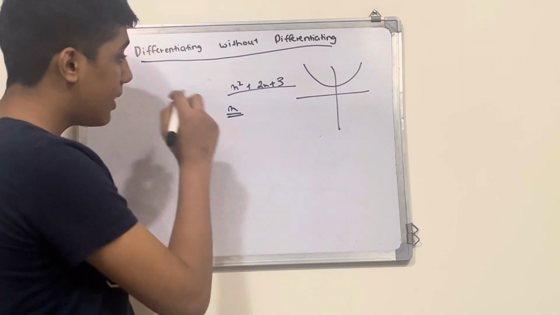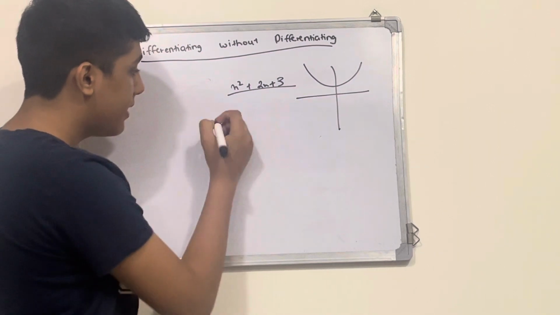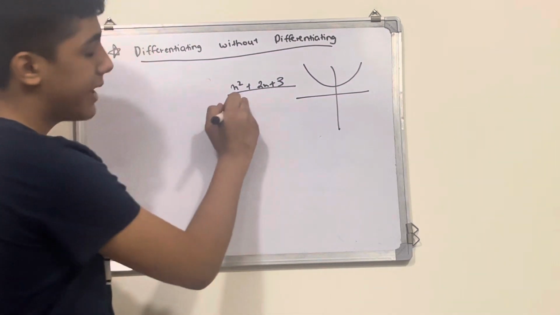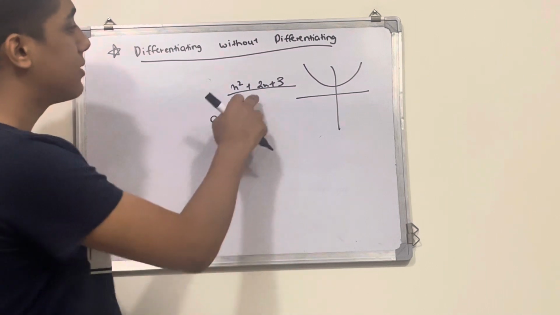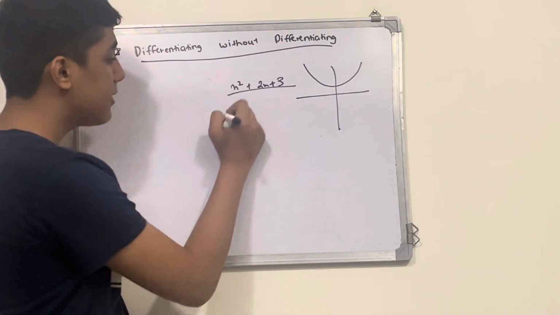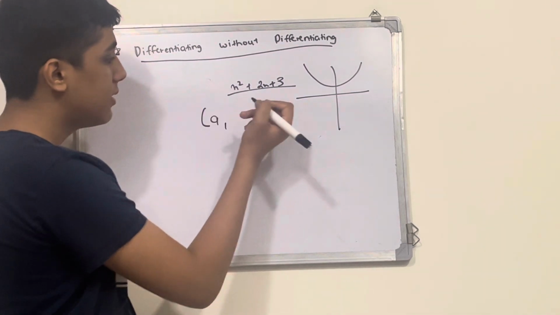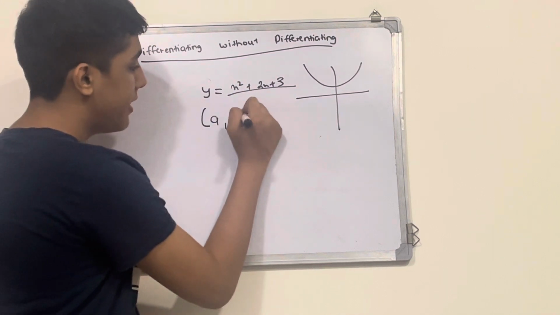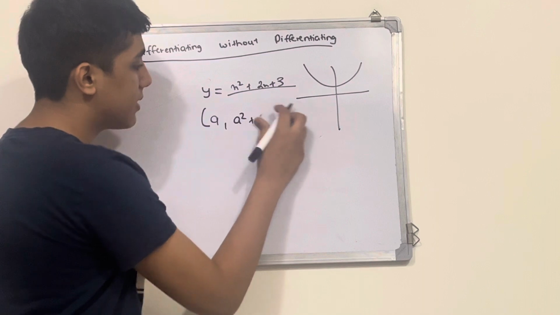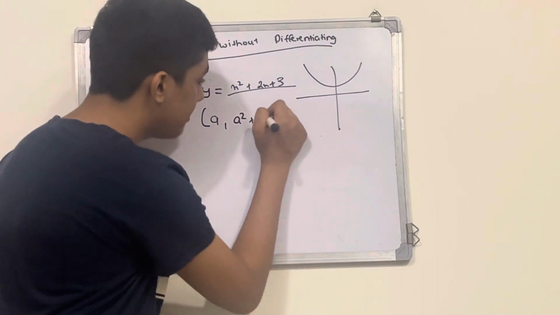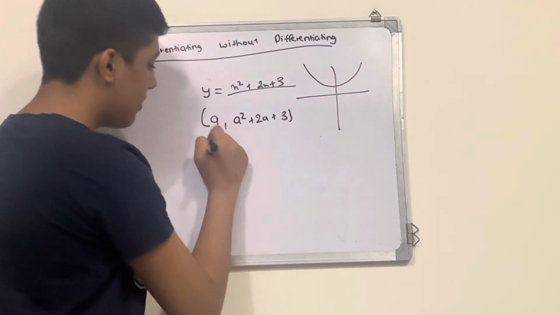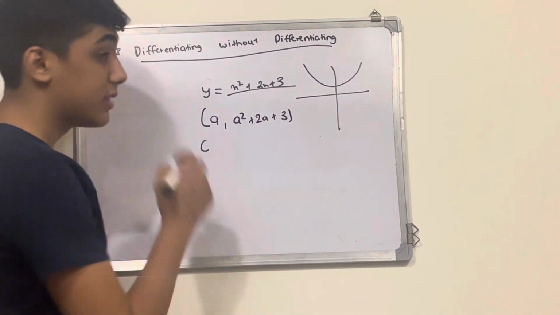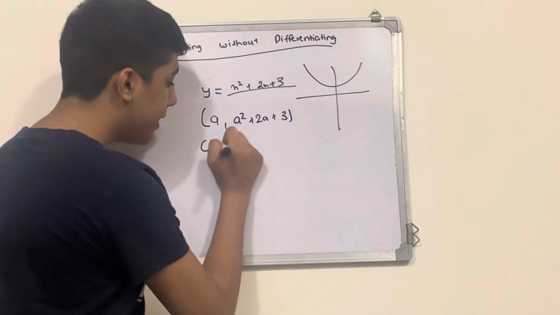So, a point A is what I'll take. I know I just wrote x, but I don't want to take x because you'll be confused with this. So the point will be a comma, since this has to be the y value, a squared plus 2a plus 3. And I want to take one more point. Now this is important. A plus h.